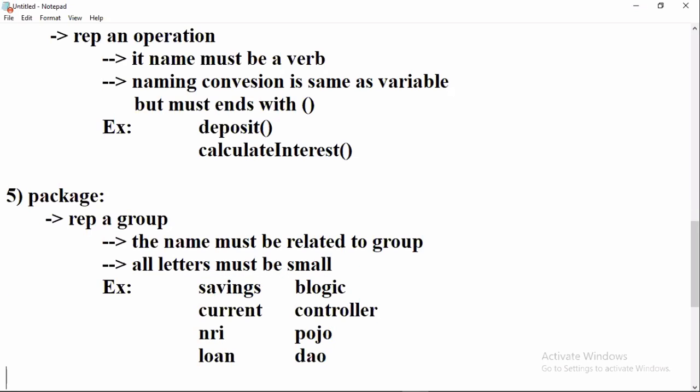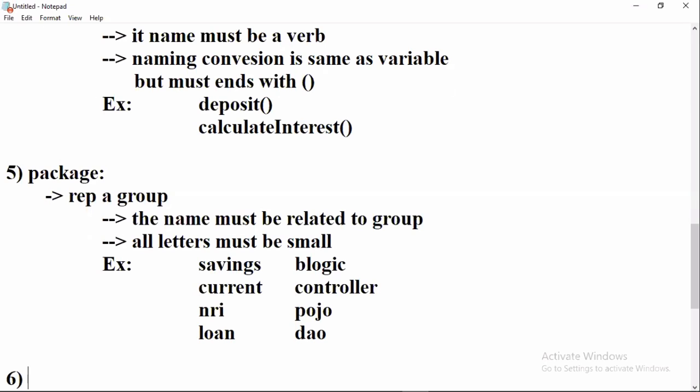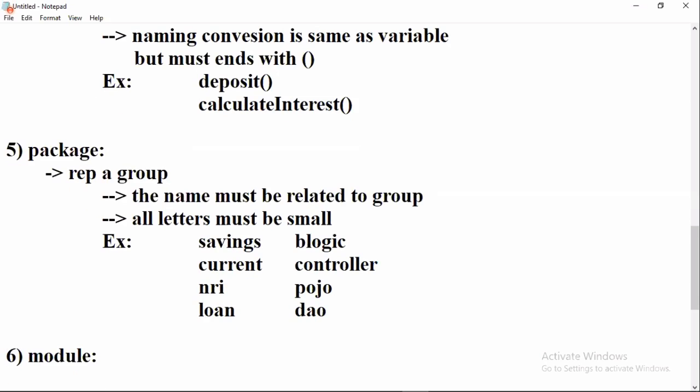And the next, sixth important point, module. Module is a programming element. The naming convention of the module is the same as a package. It also represents a group only.